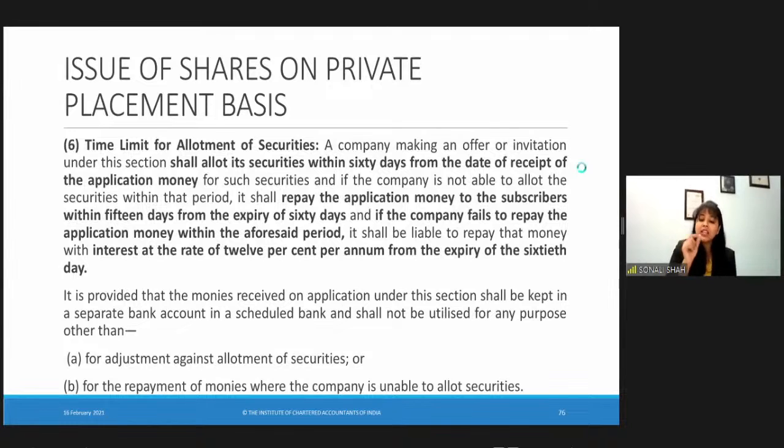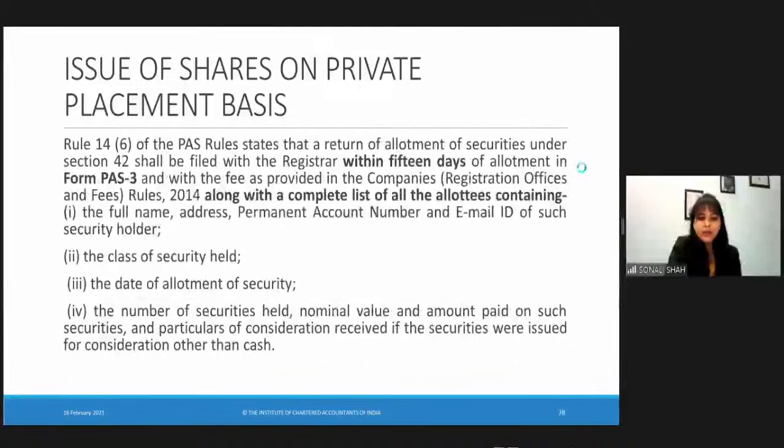That means interest will be applicable from the 61st day, not the 76th day, right? So if the payment is not made within 15 days from the expiry of 60 days, interest will be applicable from the 61st day, right? Is that clear?